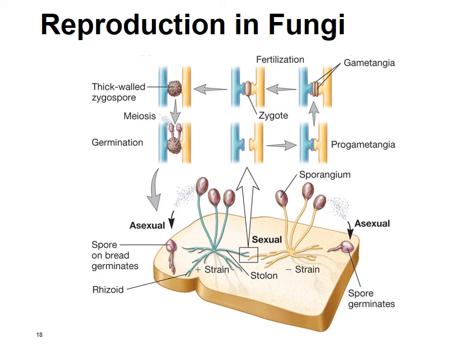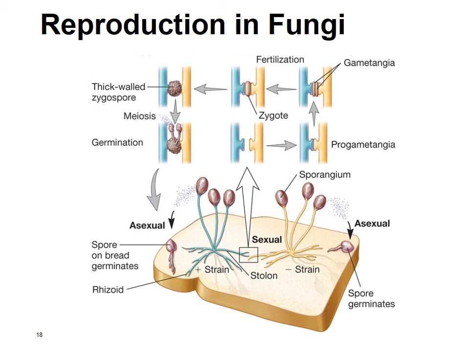This fungus grows on the surface of moist, carbohydrate-rich foods such as bread, fruits and vegetables. So on breads, for example, Rhizopus rapidly covers the surface, and hyphae, which are called rhizoids, extend into the bread and absorb nutrients, as we can see labelled here.